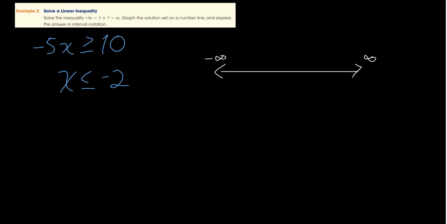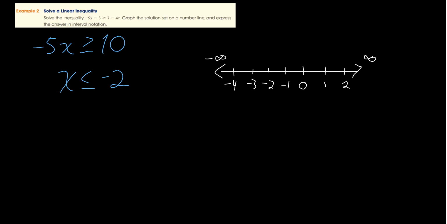Looks like we're going to go to the left of negative 2, so I'm going to draw a 0 slightly off center over here. So this is going to be negative 2, negative 1, negative 3, negative 4.